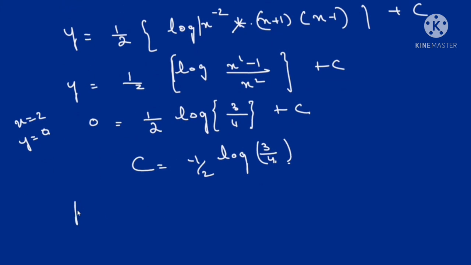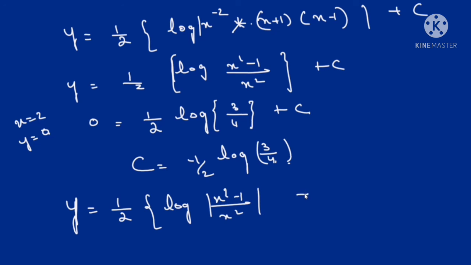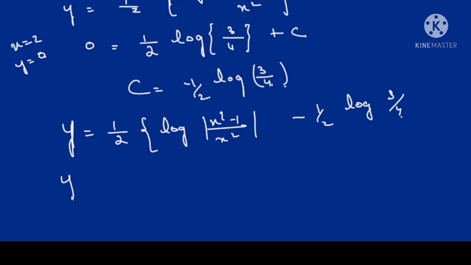So y is equal to half log x square minus 1 by x square plus c. C is minus half log 3 by 4. You can simplify it further, take it out. Minus log 3 by 4.